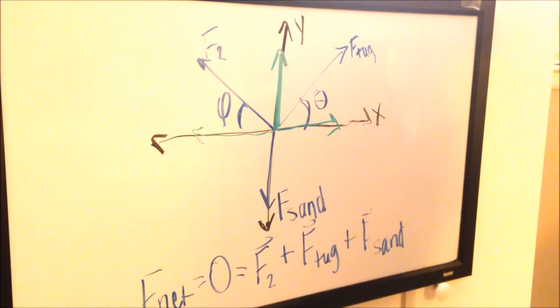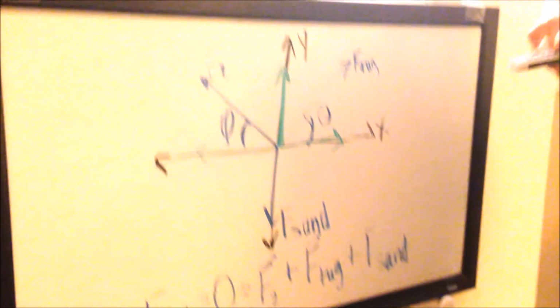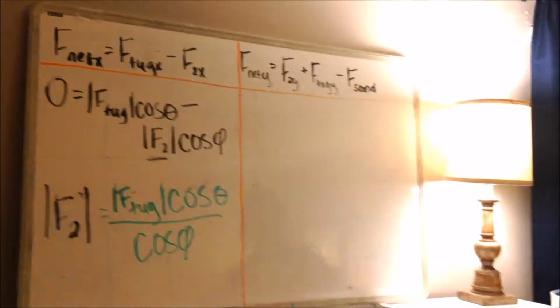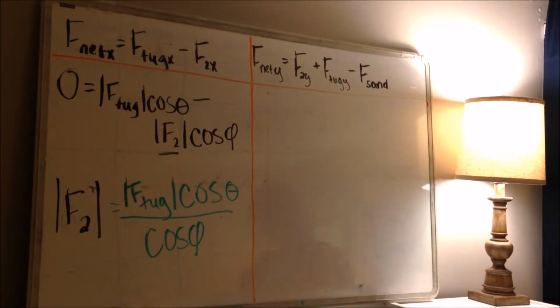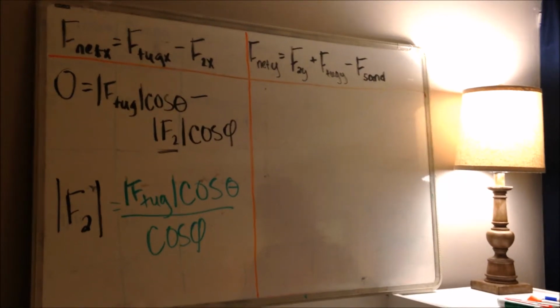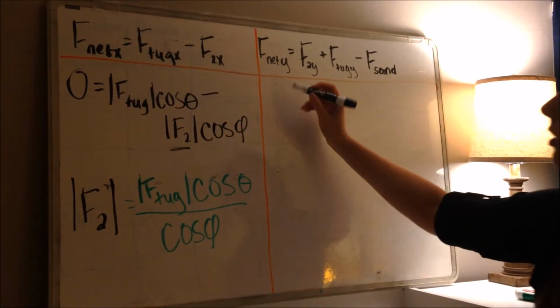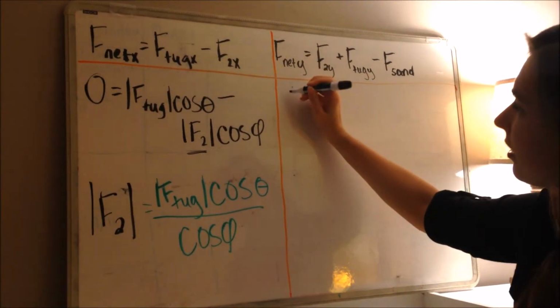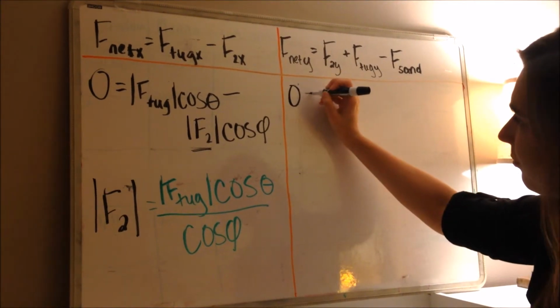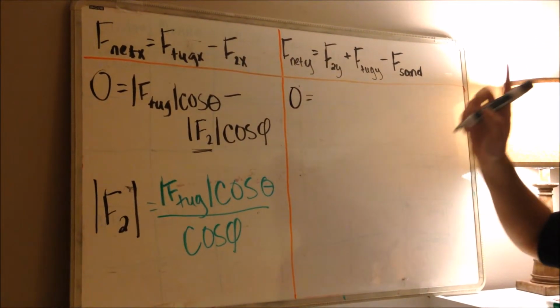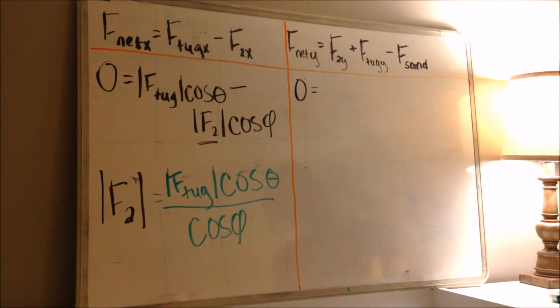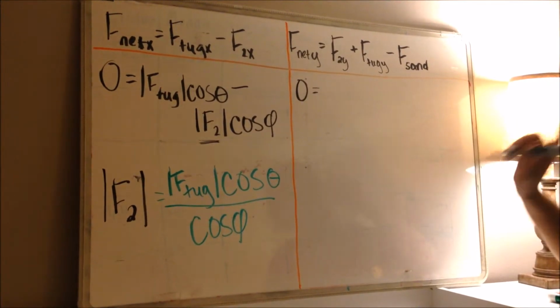Because sines are awesome. Okay, so coming back up to the original board, I'm going to get the black marker back out. And from trig, we see that F net is 0, which is actually not from trig. That's because we know, remember, velocity equals constant, so F net equals 0.